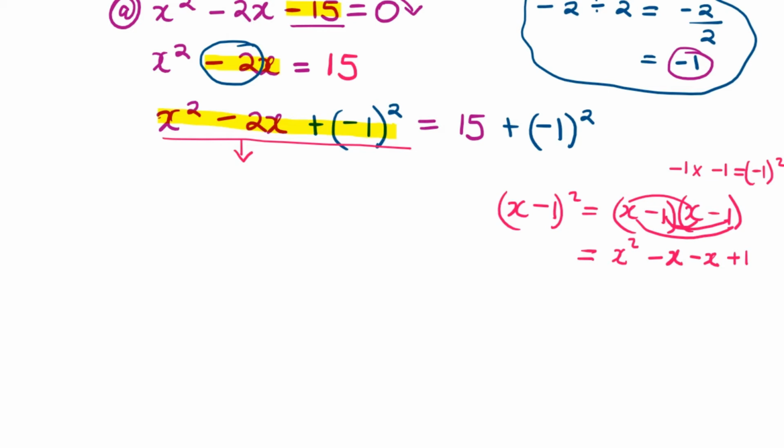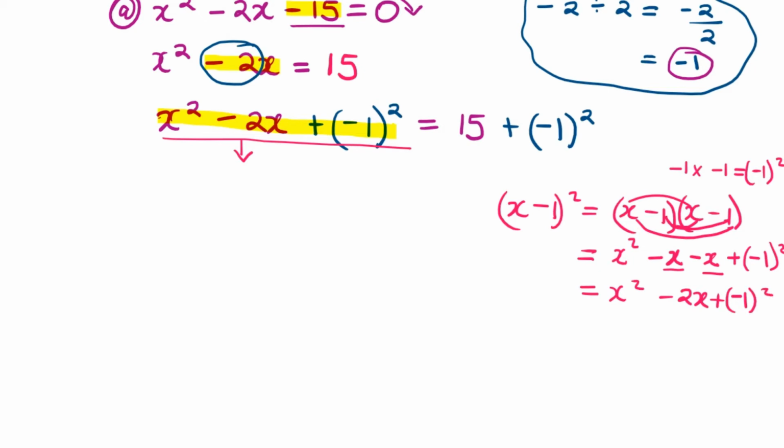So where there is positive 1 there, so that we don't bring confusion, we can say plus a negative 1 squared. If we simplify this, we'll say it's x squared, negative x minus x gives negative 2x, then plus a negative 1 squared.